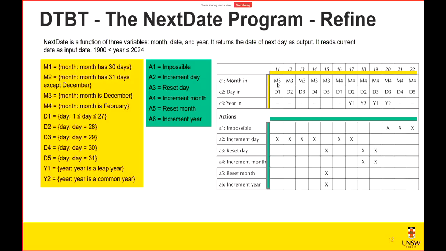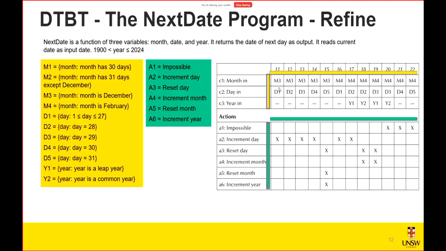For example, M3 is December here, and D1, D2, and D3 are all used for dealing with the month of February. M3 is unique to December.